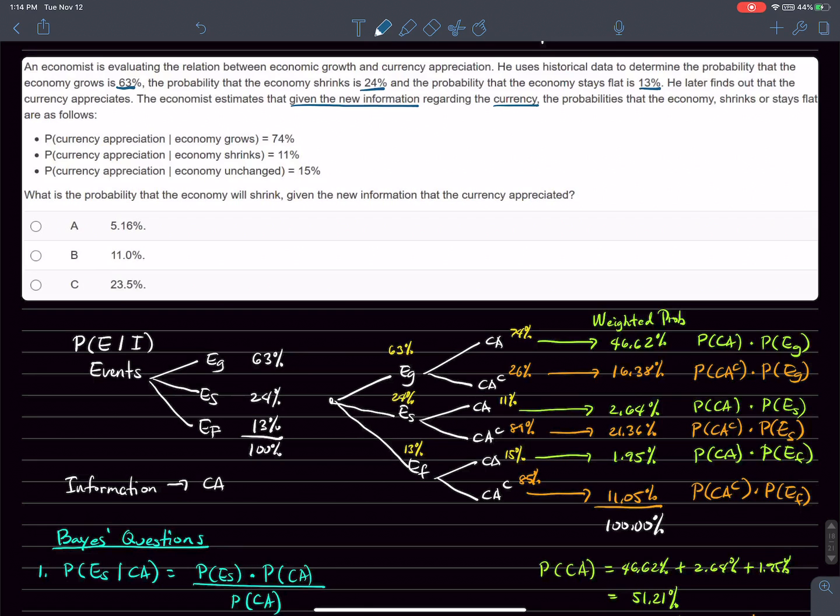So the new information is that the currency appreciated.